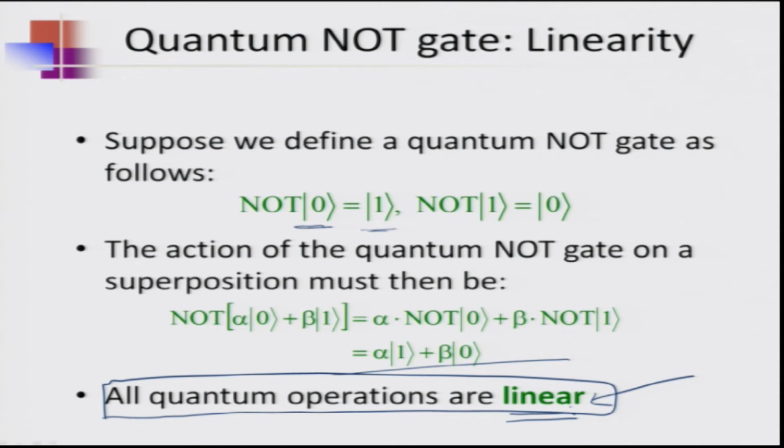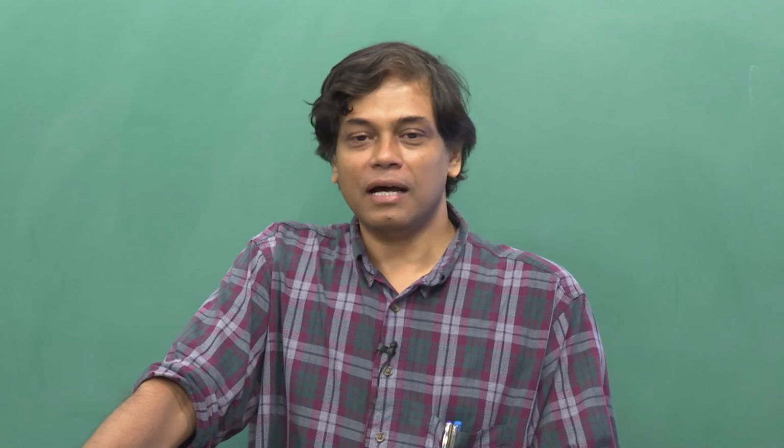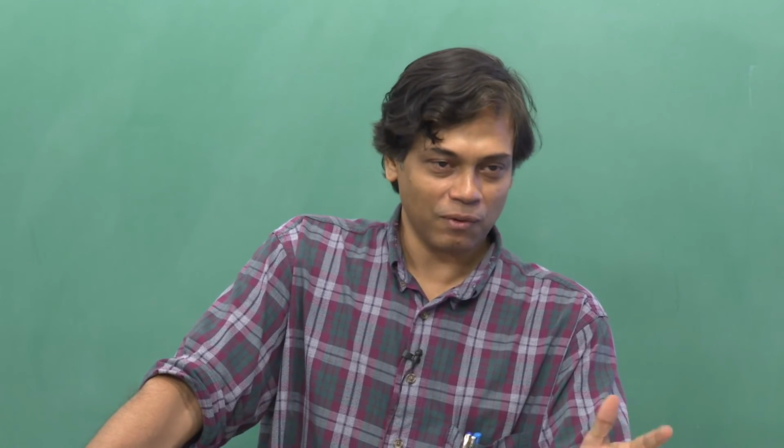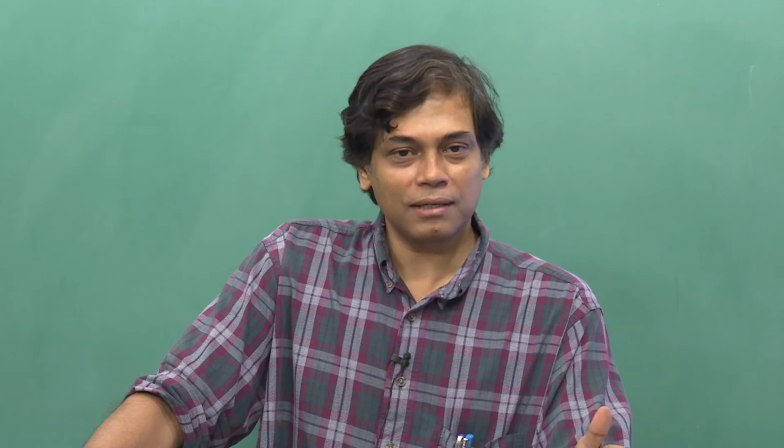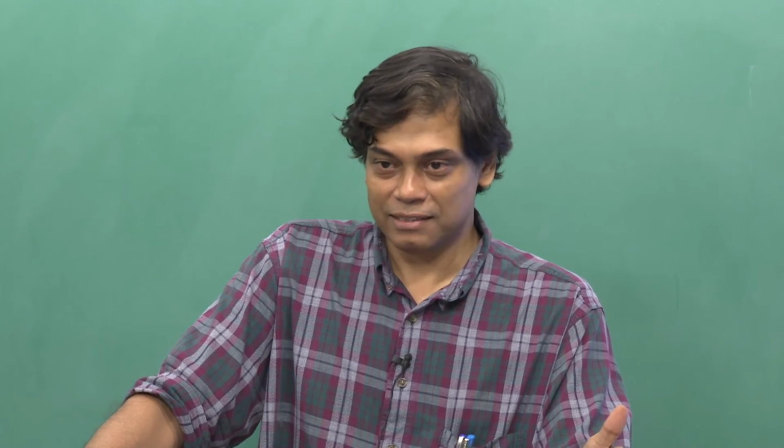Okay. So, this linearity should not come as a surprise to you, because when we have been learning quantum mechanics, we have always mentioned that quantum mechanics always works in a linear way. All the operations in quantum mechanics are linear. The allowed operations, the ones which you actually call measurable operations, are always linear.